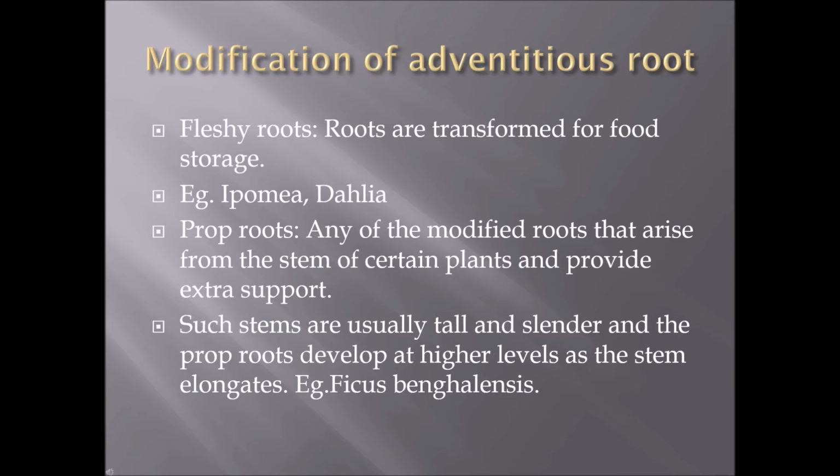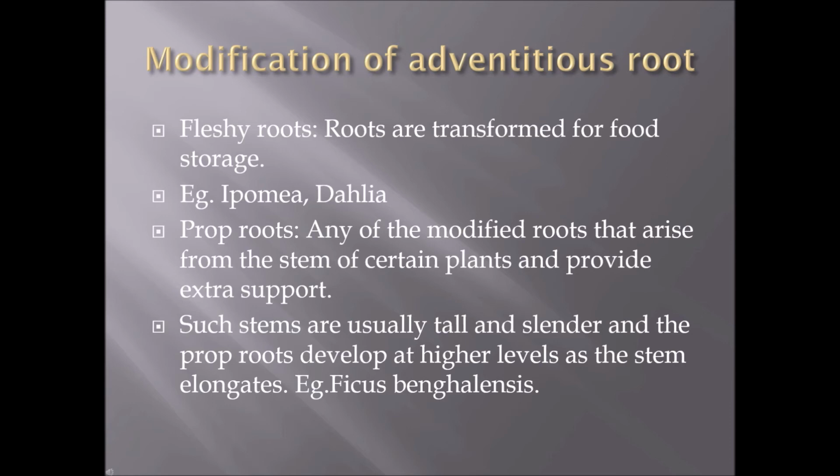So the first type is fleshy roots. So here the roots will transform into a food storage place. So like the carrot and beetroot, it will turn into a food storage place. So example, Ipomoea and Dahlia. So these are the two roots where the root will turn into food storage.